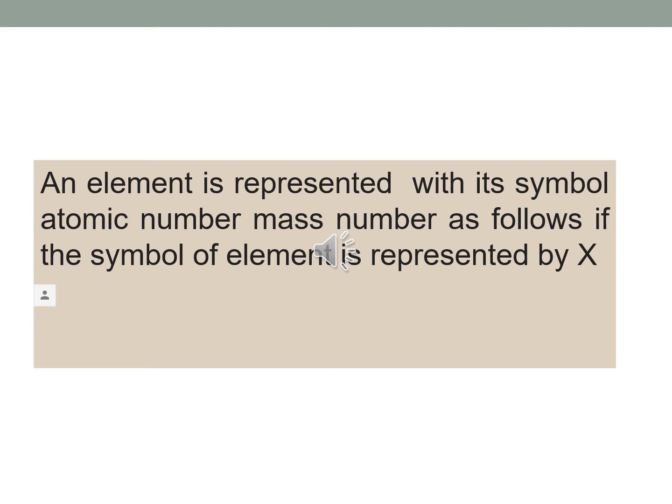Here, number of protons 11, number of neutrons 12, that is 11 plus 12, which is 23. Children, through this example you can understand the atomic number and also the mass number. Did you understand, children? Okay, next we will see.